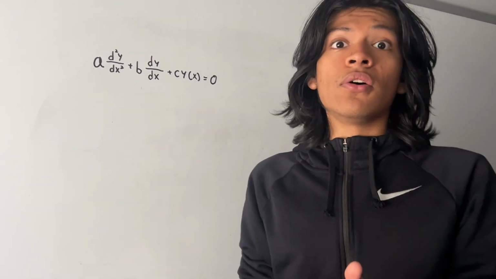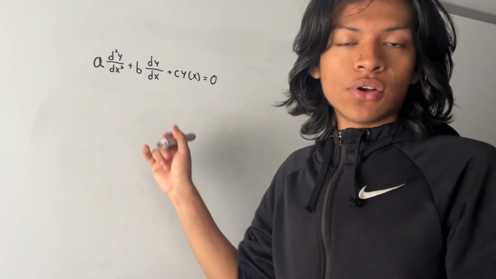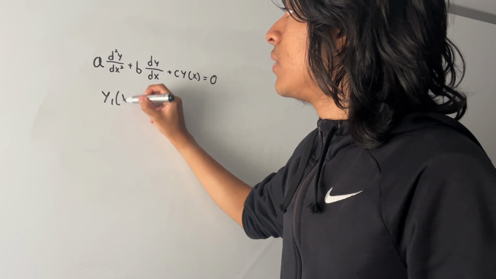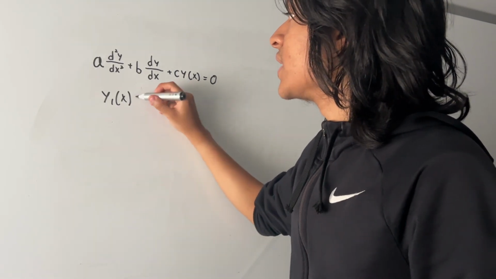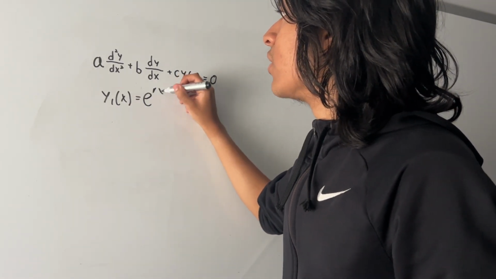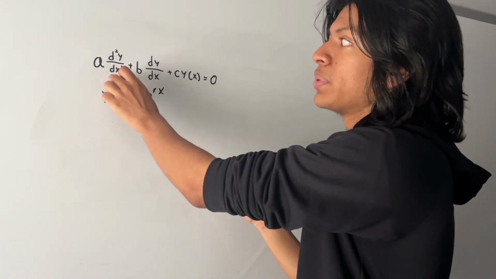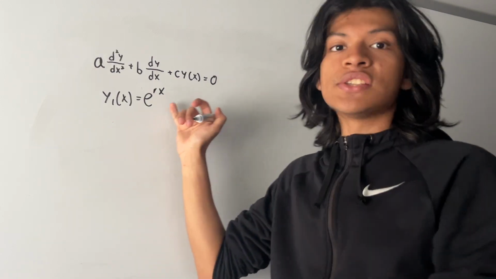So if you recall, when we solve these types of equations, we assume a solution y1 of x equal to e to the rx. We plug this into the equation and solve for r.